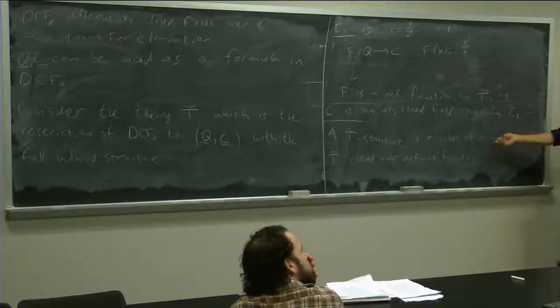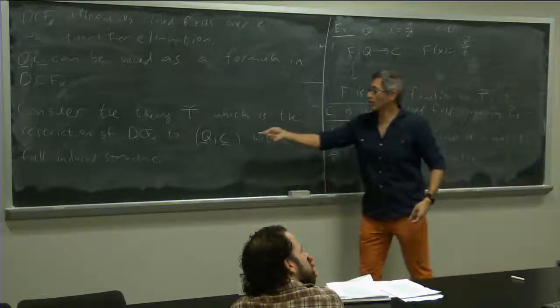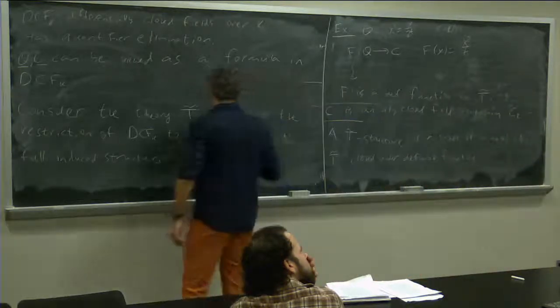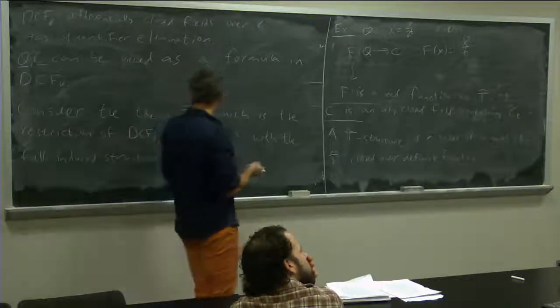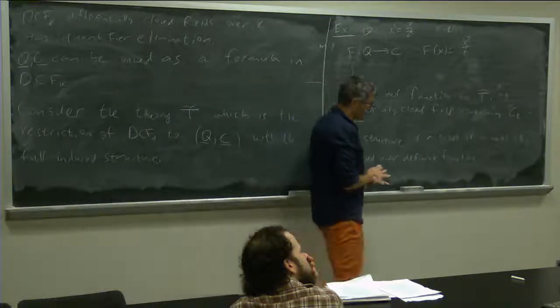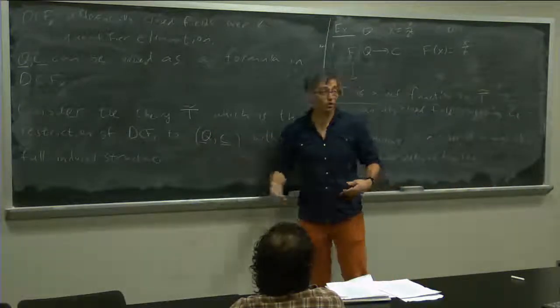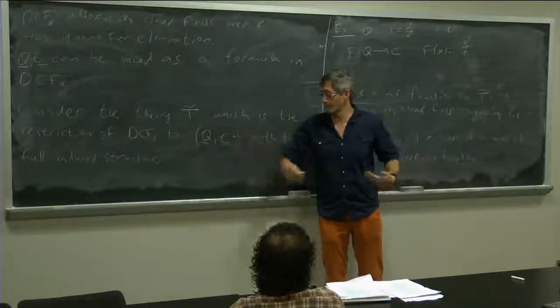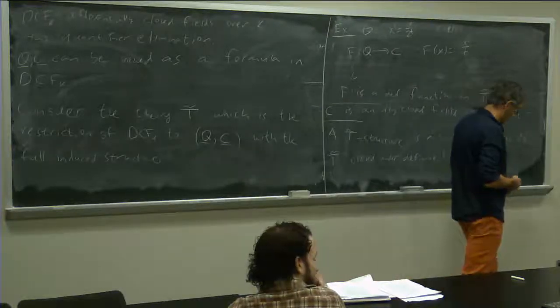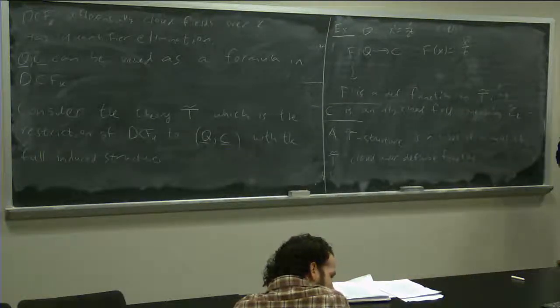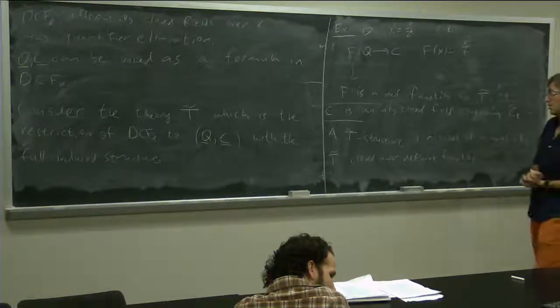If you have a structure, it means that you have some field, not necessarily algebraically closed, and then some set of solutions. By the way, notice that there's no differential structure here, but you can think of it as a set of solutions of the equation.